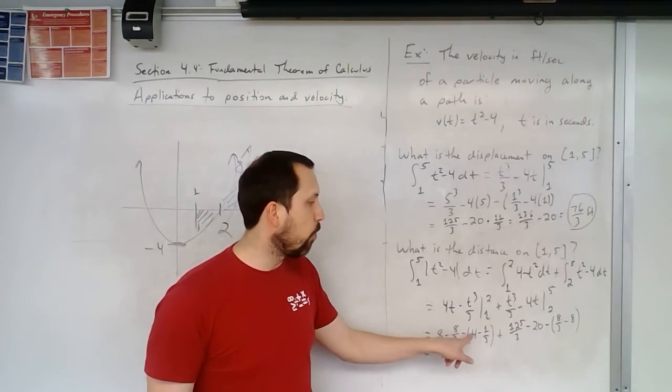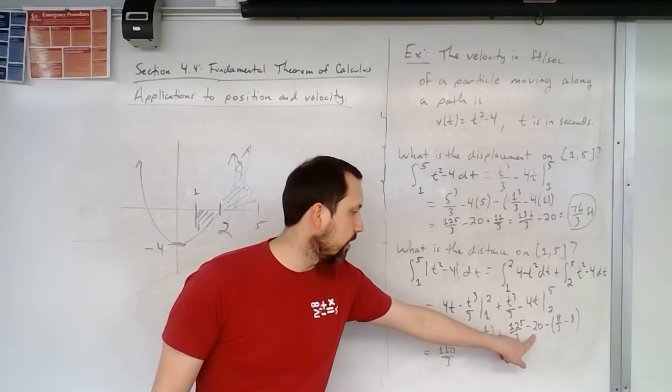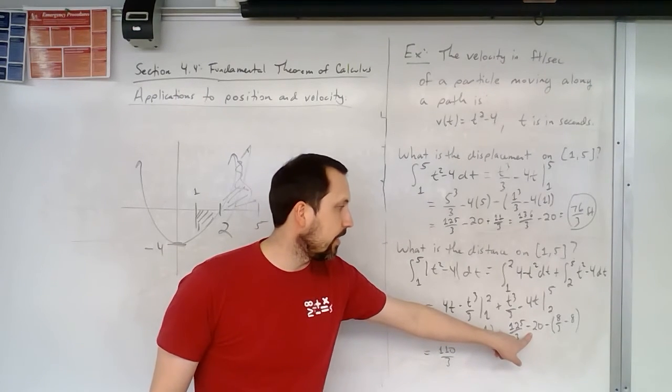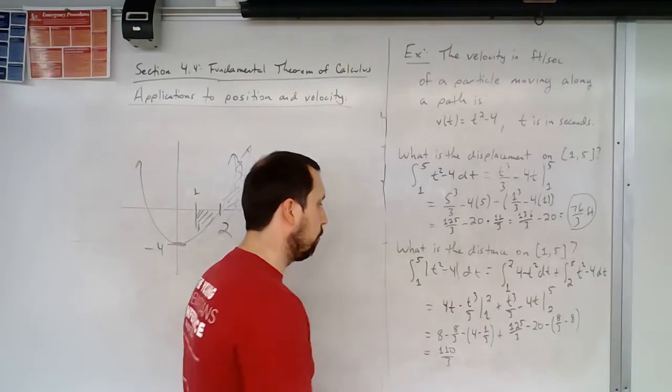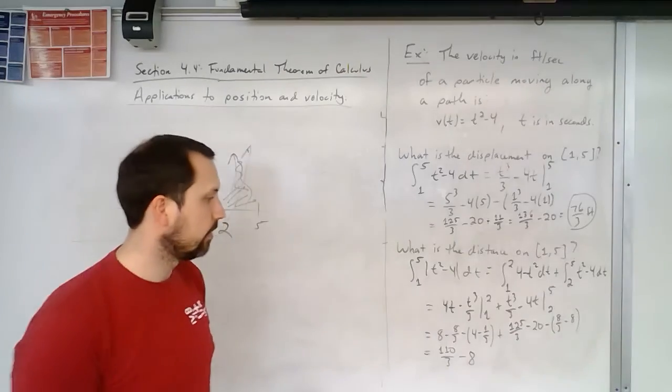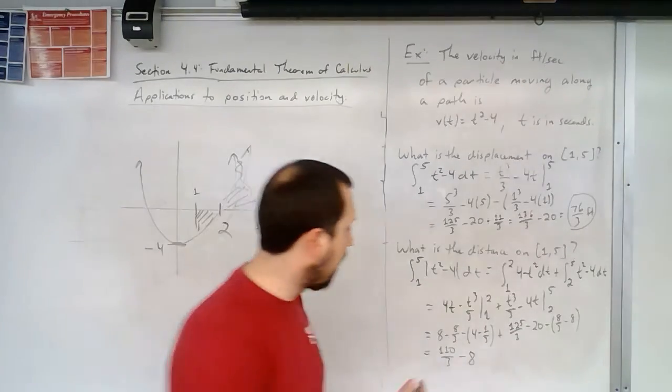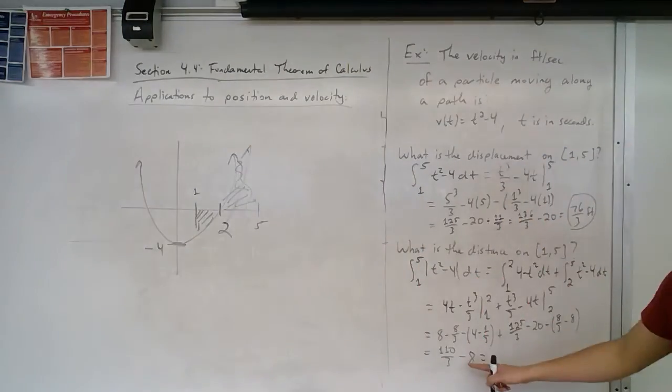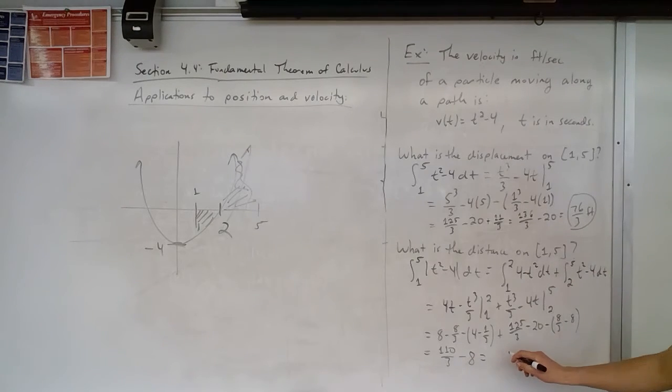So that will be 4 minus 20. That will be a negative 16 plus 8. That will be a negative 8. So then finding our common denominators again, that would be 24 over 3, so this would be 86 over 3. And again, this is in feet.